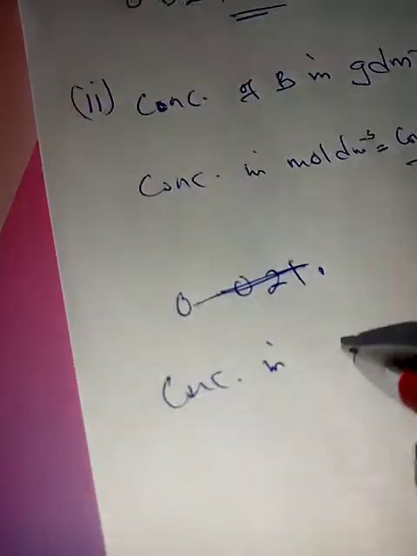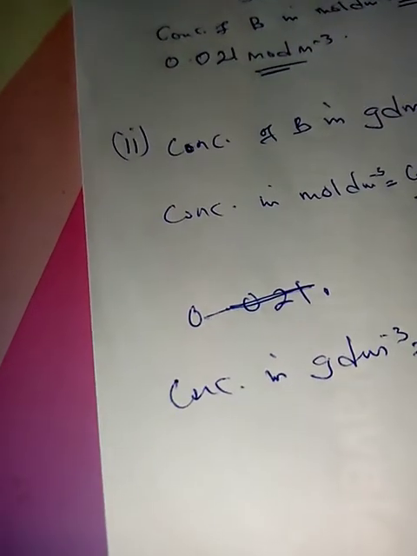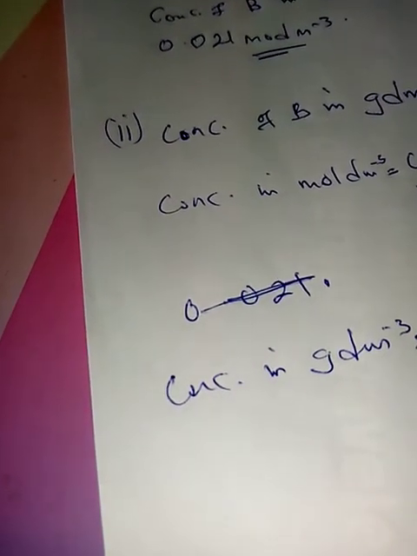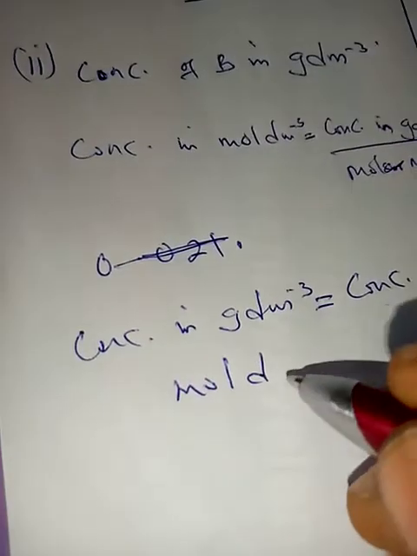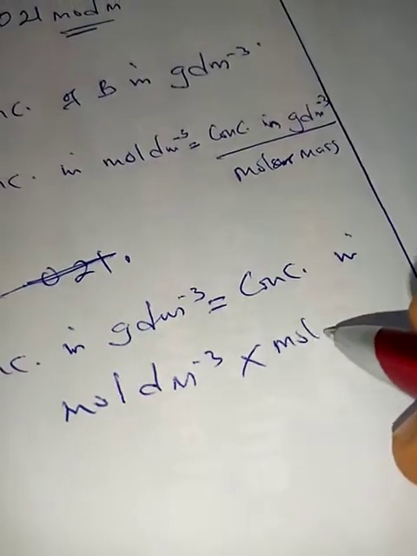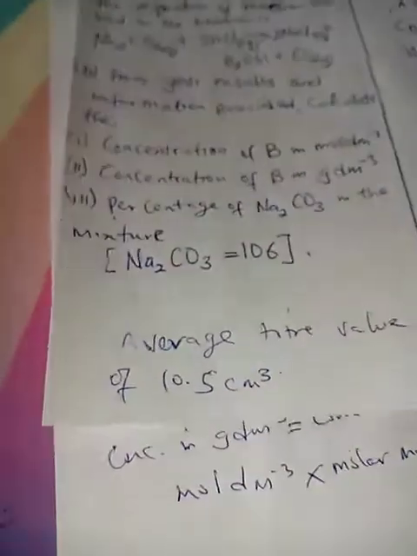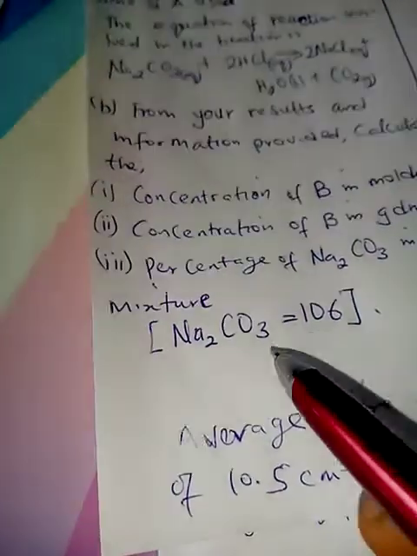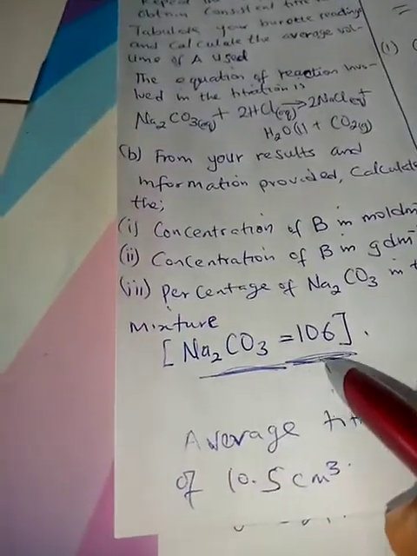Concentration in grams per dm cube equals concentration in mole per dm cube times molar mass. And from the problem, we are given that the relative molecular mass of Na2CO3 is 106.